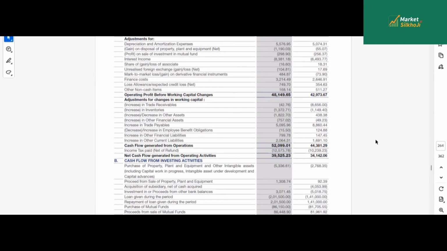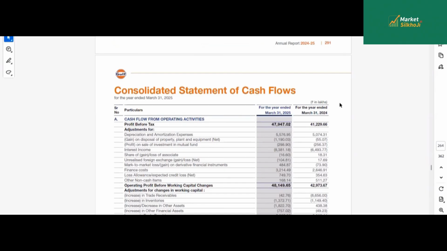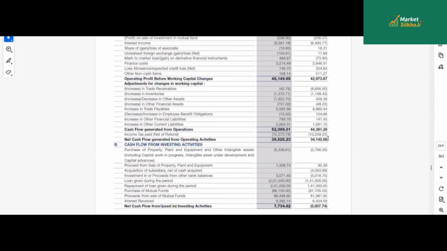If you slightly scroll down, this is where you will find cash flow from operating activities. It is in lakhs, so we have to convert. Basically this is 341 crores last year, 395 crores this year. So question number 1, whether the cash is coming in or going out. Clearly 395, 340. So cash is coming in.